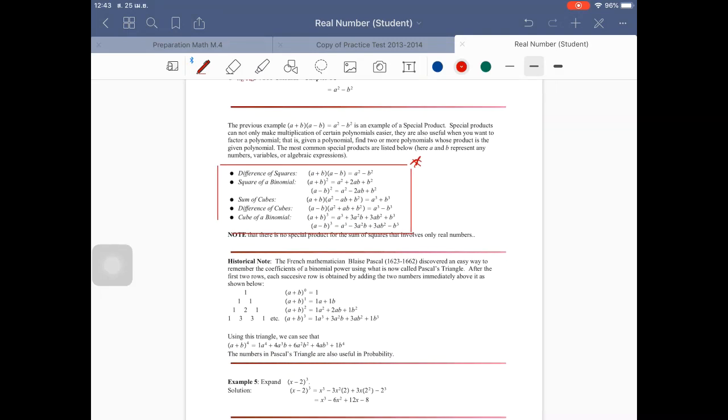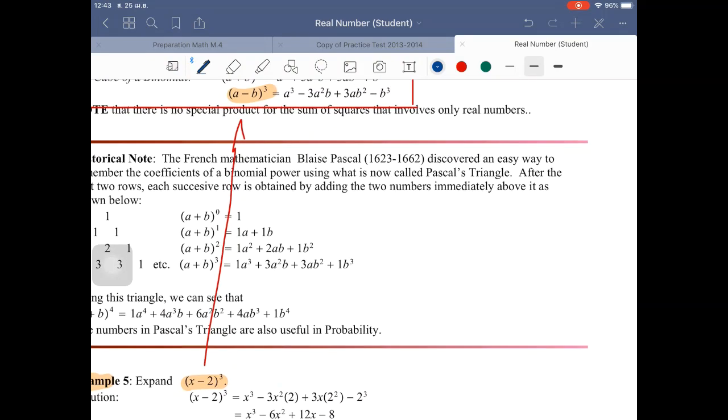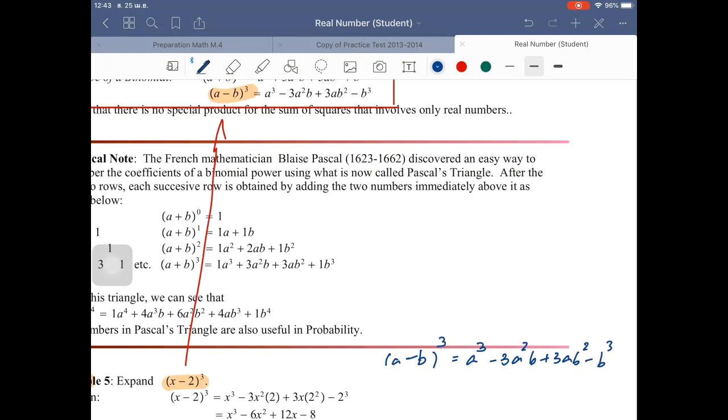The first one here, example 5, x minus 2 to the power of 3. It matches with this term. So how can you do? You just compare, you see, a minus b to the power of 3 is a to the power of 3 minus 3a squared b plus 3ab squared minus b to the power of 3.